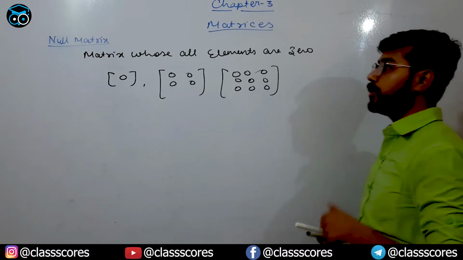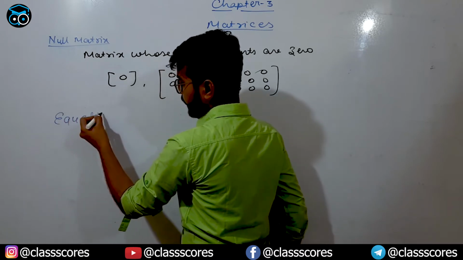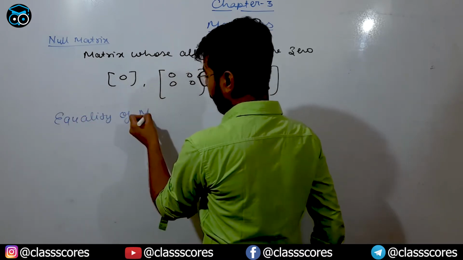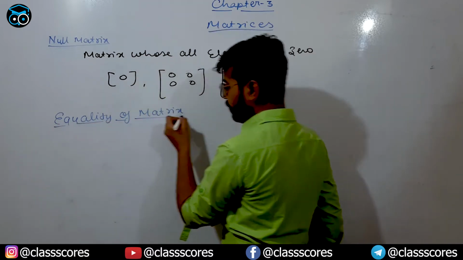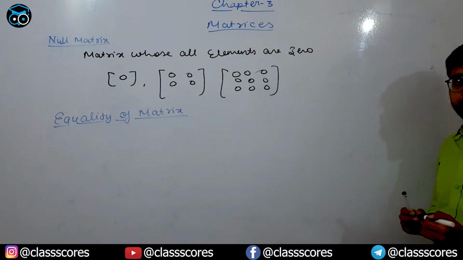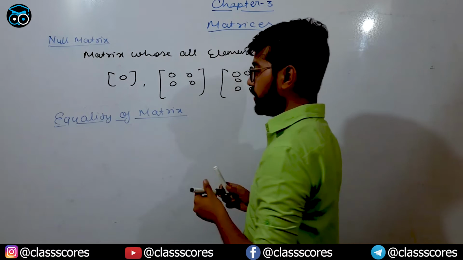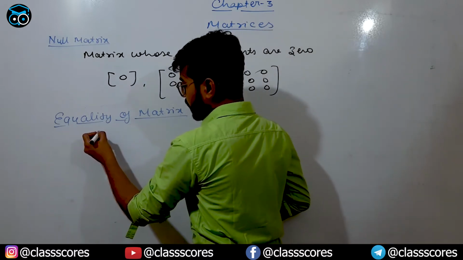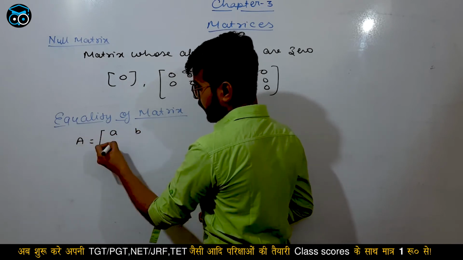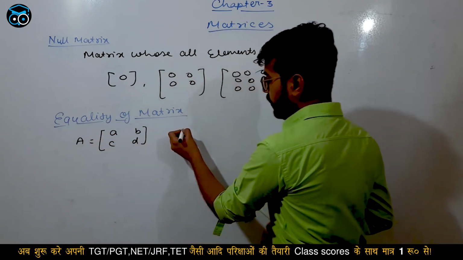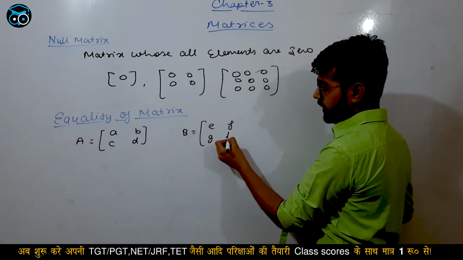Now moving towards our next heading, that is equality of matrix. When we are talking about the equality of matrix, it means each and every element of that matrix is equal with the other matrix. Suppose there is one matrix A, that is a, b, c, d, and another matrix B, that is e, f, g, h.